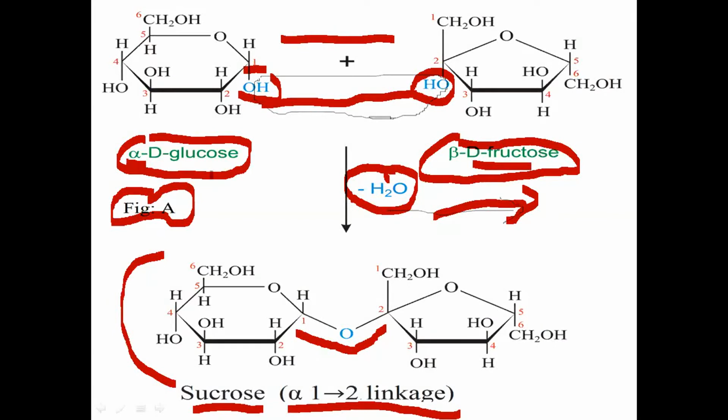The linkage is between carbon 1 and carbon 2 of D-glucose and D-fructose. So the linkage formed in sucrose is an alpha 1,2 linkage. So this is all about sucrose.